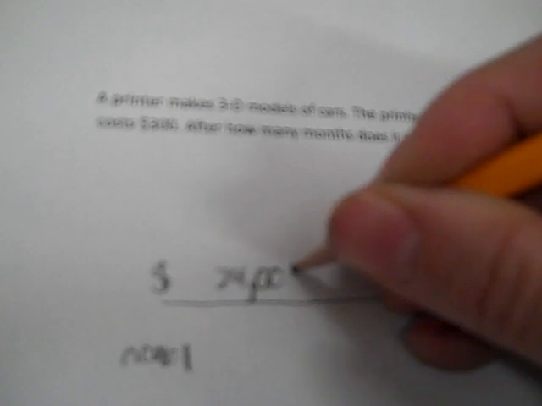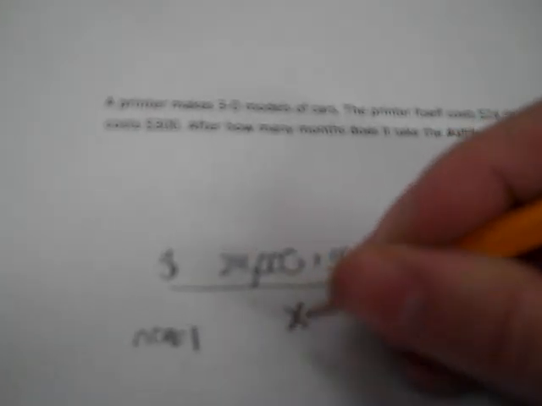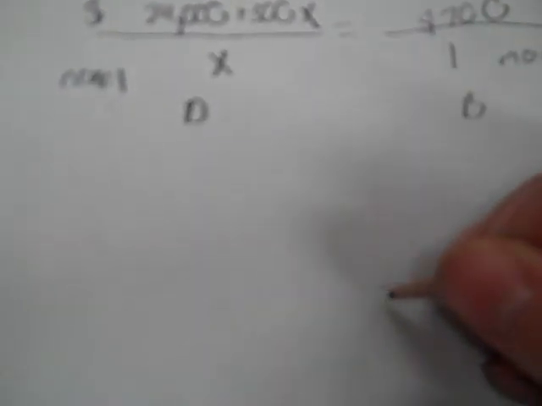That's what per means. Okay, so dollars and models. Well, the dollars, well, they paid for the printer once, $24,000, plus $300, but that's for every model, so we don't know the models, so that's X. And then the models itself, we don't know how many that is, so that's X. So A, B, C, and D.